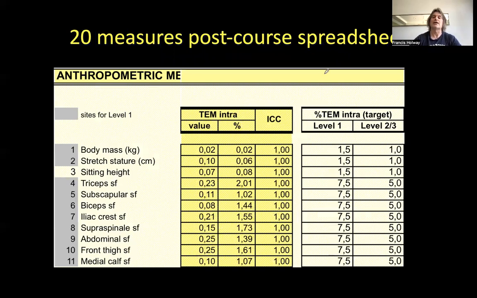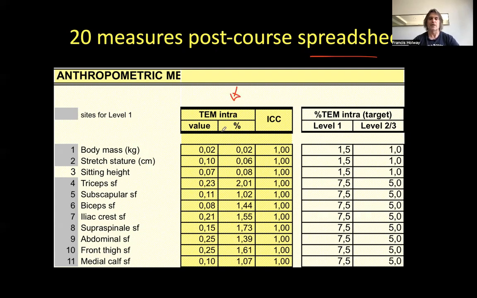Now, you will get a spreadsheet where you upload your 20 measures post-course, in duplicate or triplicate, of 20 people. You have the possibility of printing a result for whoever you measured, with some variables such as body fat, BMI, waist to hip ratio, somatotype, muscle mass, skeletal mass. But the main thing is to get your TEMs.